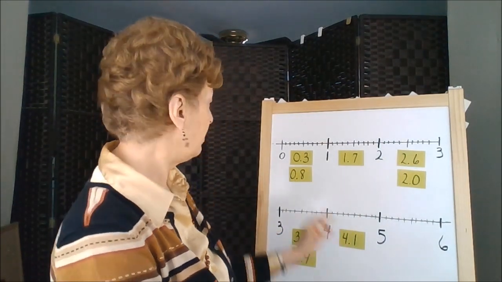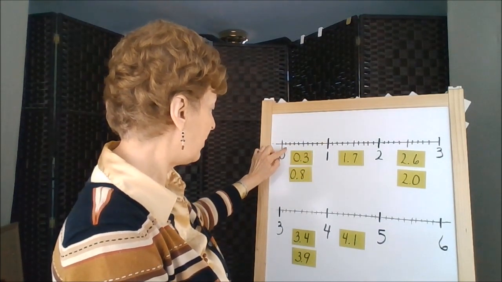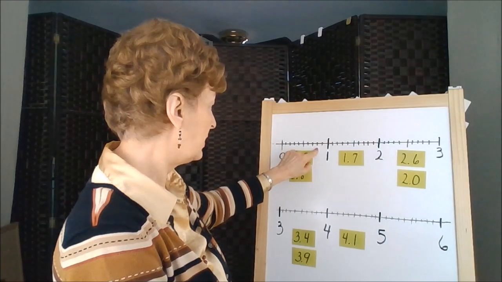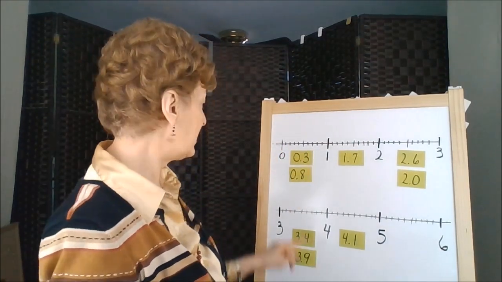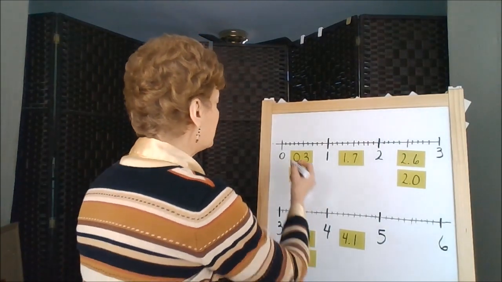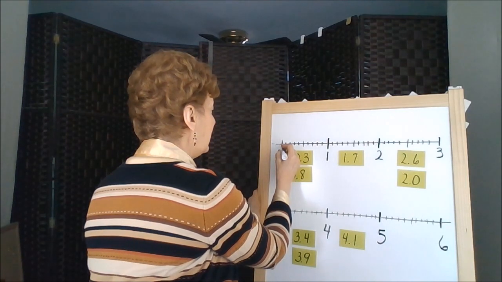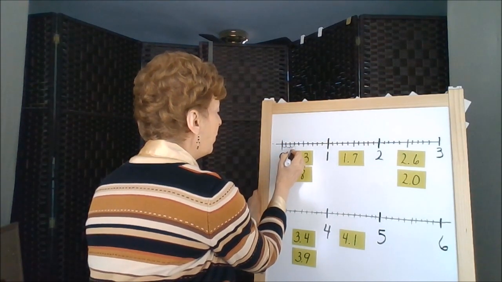Now we can actually place where they exactly go on the number line by counting the small delineations between the 0 and the 1. In this case, we have 0.3 or 3/10, which means we're starting here at the 0 itself and making 3 jumps in, 1, 2, and 3.